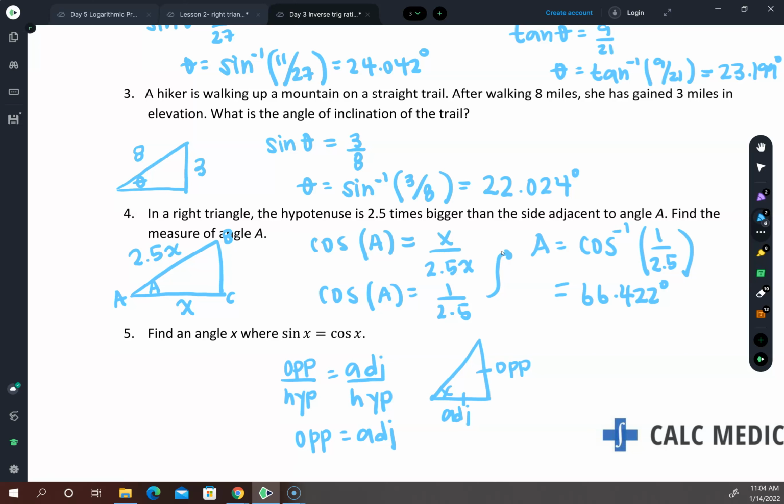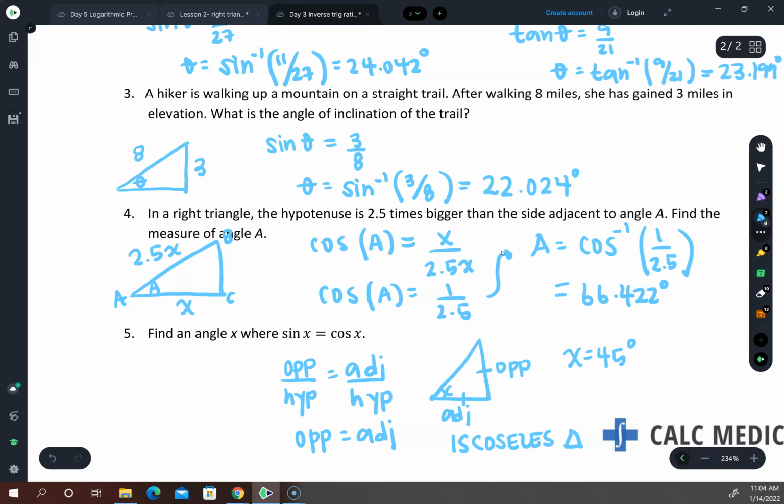Okay, so in an isosceles triangle, the two legs are congruent, so the angles are going to be congruent. So that means they're going to be 45 degrees. So x has to be 45 degrees.